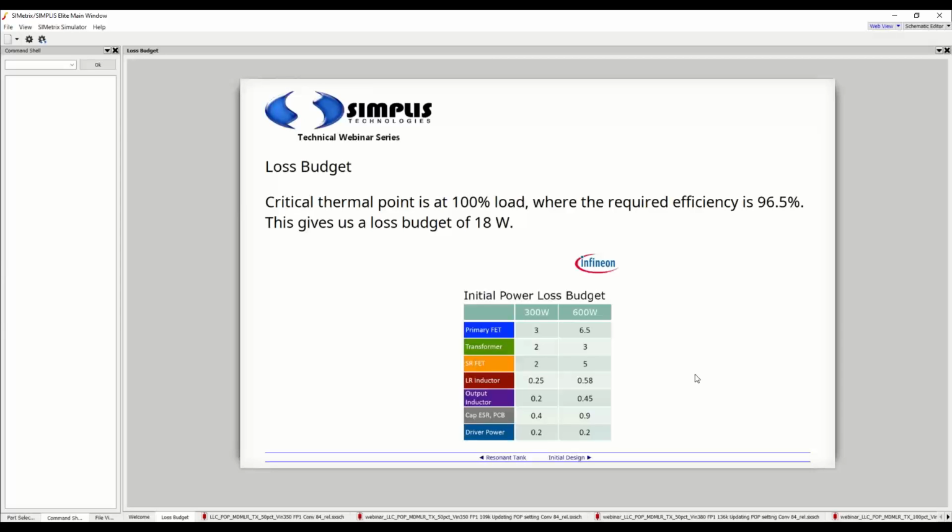This gives us a loss budget of 18 watts. It is expected that the FETs and the transformer are going to have the highest loss component, and initially 3 watts are budgeted at full load for the transformer.